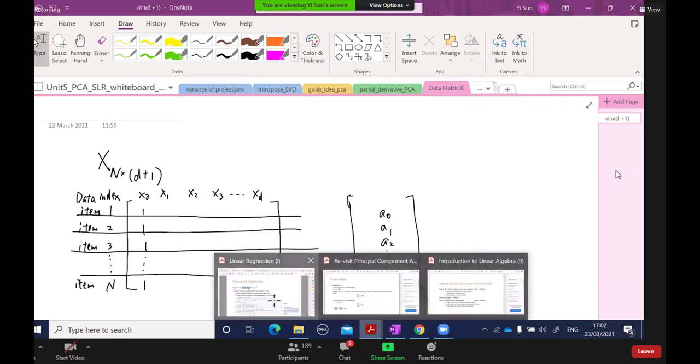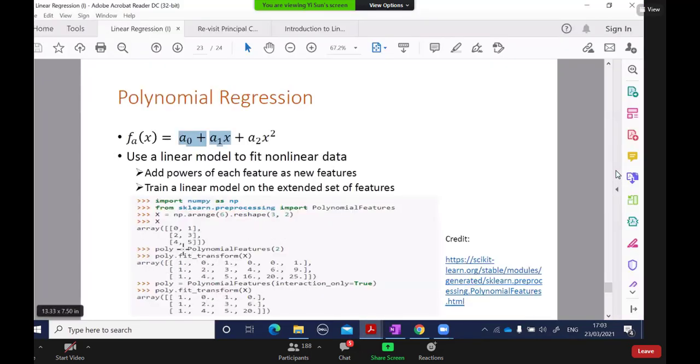Back to here. After I run the polynomial features to the power of 2, have a look. This is my first feature, corresponding to the original first feature, then the second feature from the original data set.